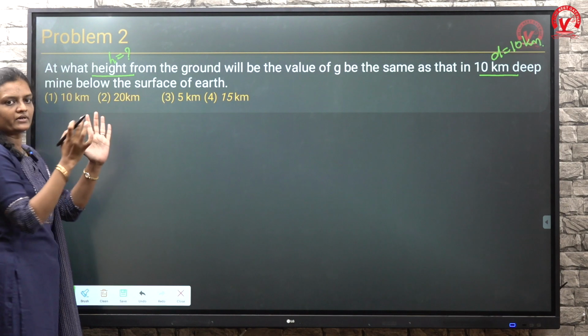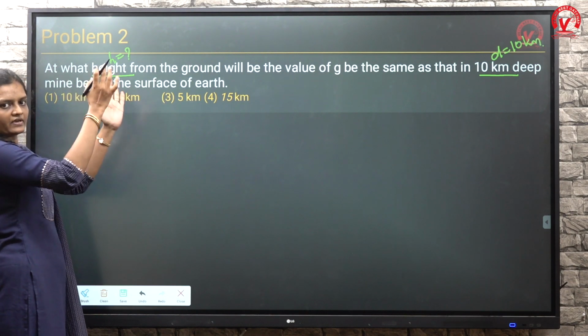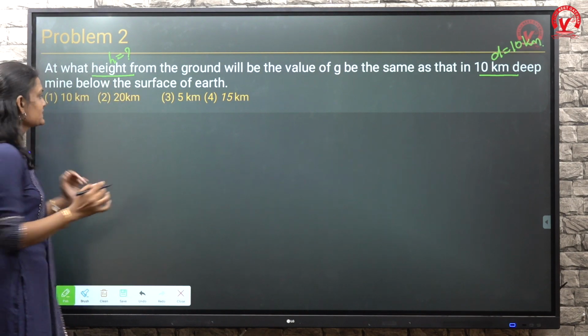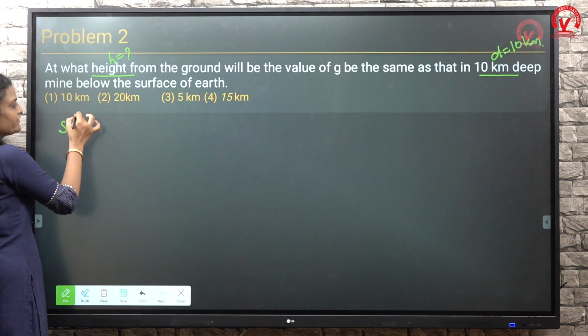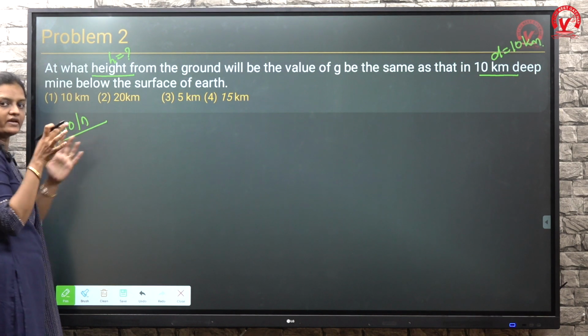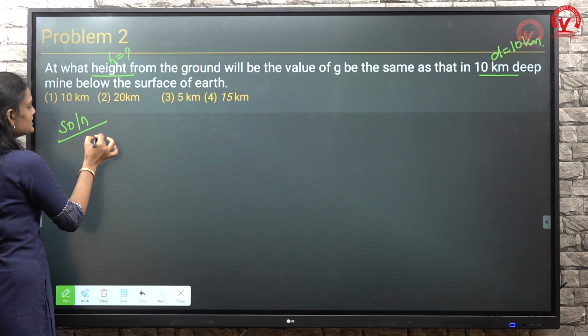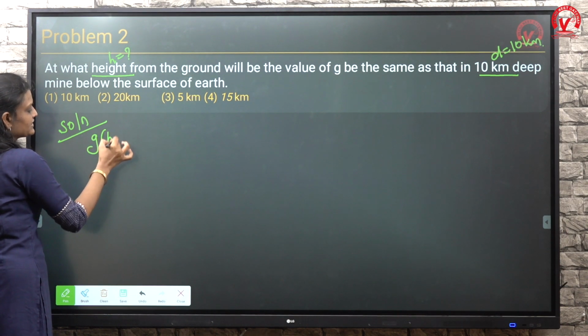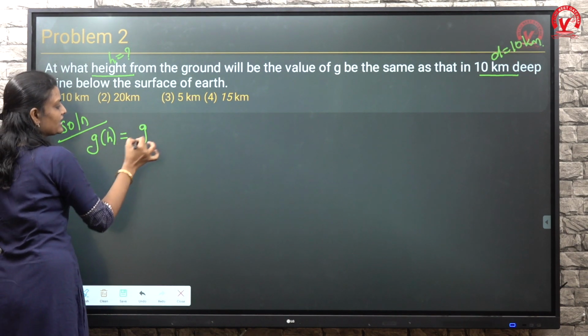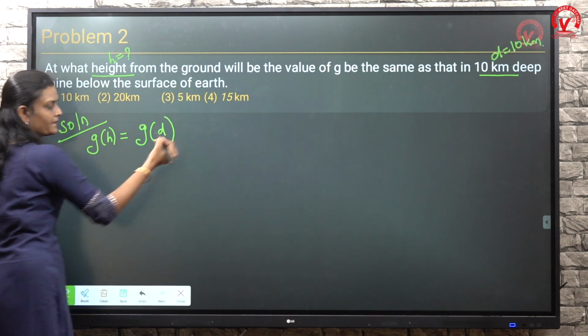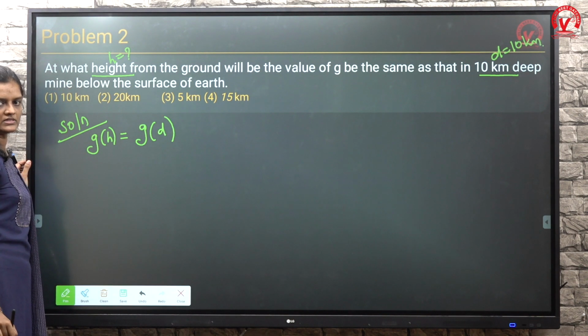So they gave two parameters, above the surface as well as below the surface. If they give two parameters, we want to equate them. So g of h is equal to g of d.